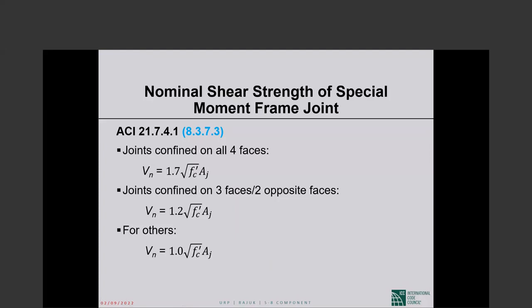If it is a joint confined on 3 faces or 2 opposite faces, these are exterior non-corner joints. Then you have 15 square root of F sub C prime. And corner joints, you have 12 square root of f sub c prime. 20, 15, and 12.